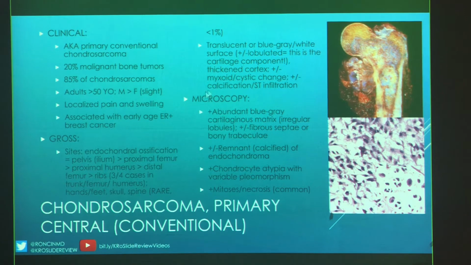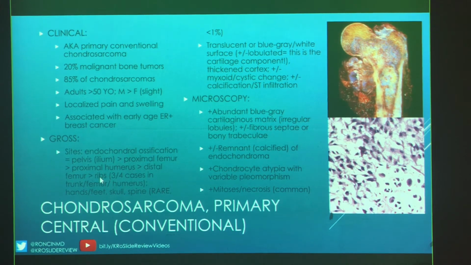Grossly, these tend to occur on the pelvis, greater than the femur. So here we have the femur, and you can see how chondroid this looks. It has a very gelatinous, meniscus type look to it, but pretty much it can affect about anywhere.